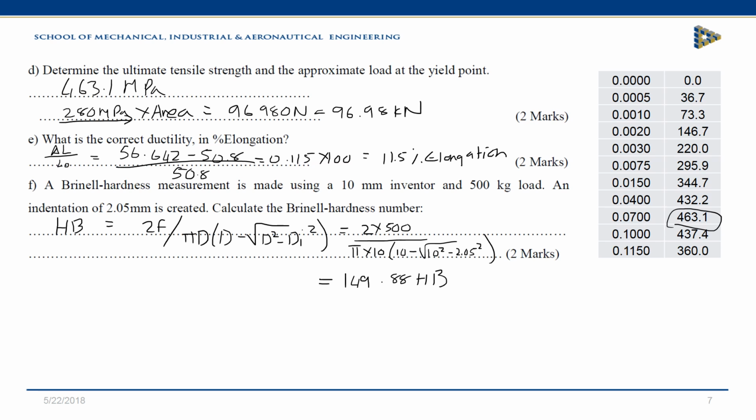Pretty simple, I'm just checking it. Yeah, 149.88 HB.